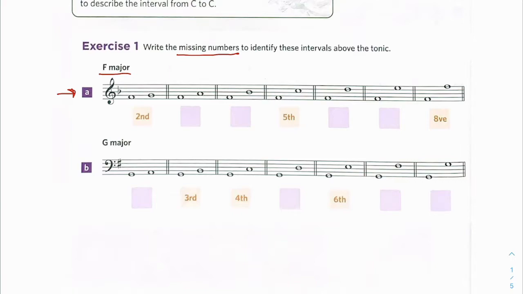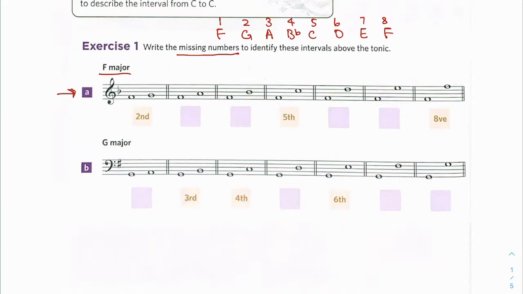Let's write out the F major scale starting with F, G, A, B, C, D, E, and F. In the key of F major, there's a B flat, so we will put a flat here. Now let's write out the degree numbers starting with 1, 2, 3, 4, 5, 6, 7, and 8.